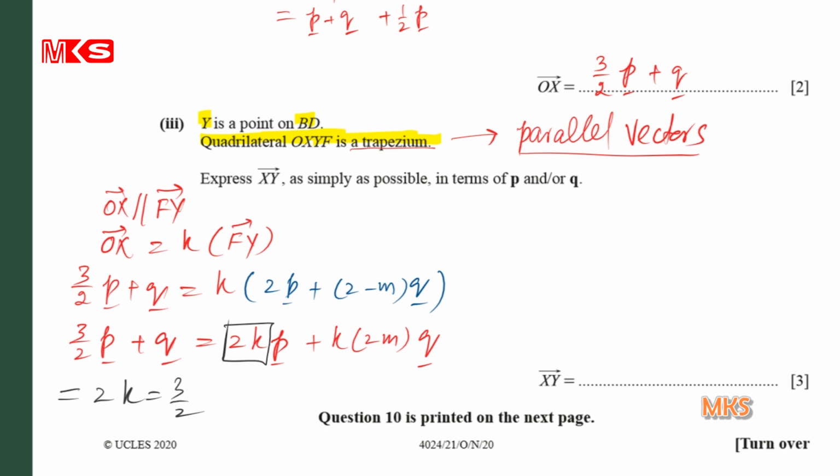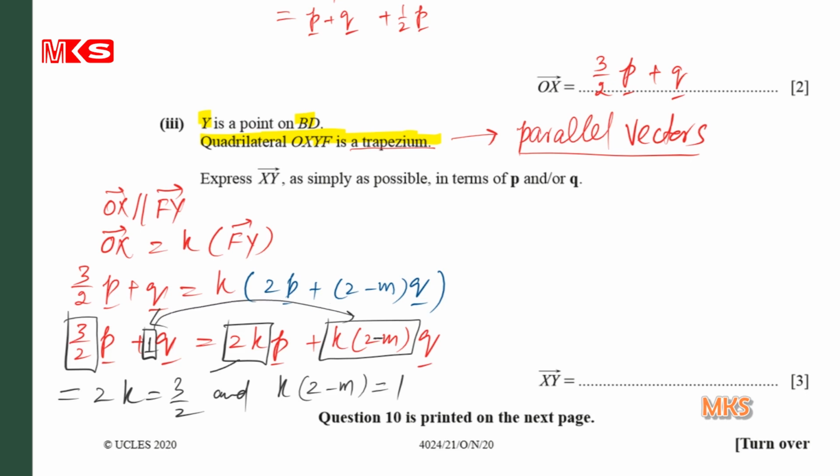The coefficient of p and the coefficient of this p, as they are equal, they will be equal, and k times 2 minus m should be equal to 1, because the coefficient of q is 1, and here coefficient of q is k times 2 minus m. So this will be equal to this one. So we get two equations. That is how the parallel lines help us.